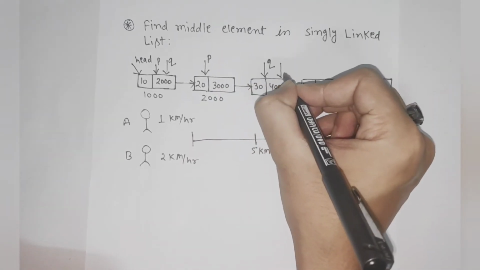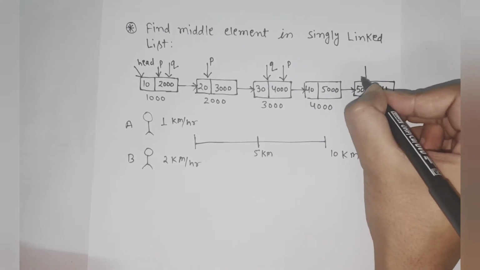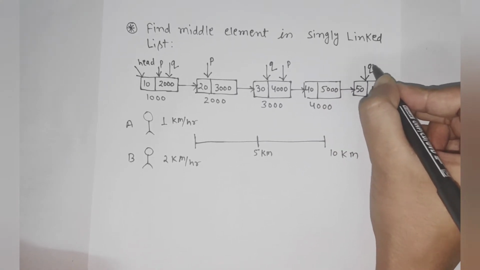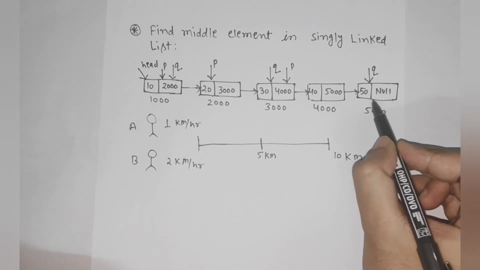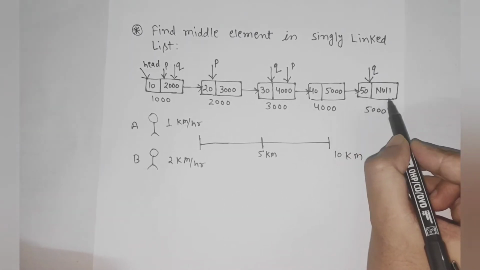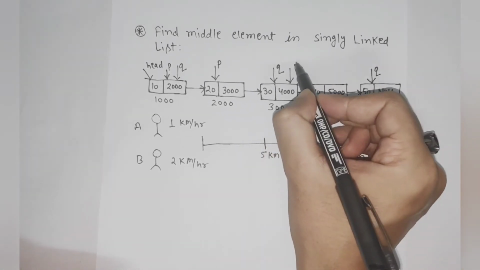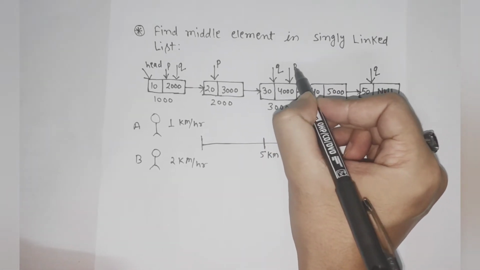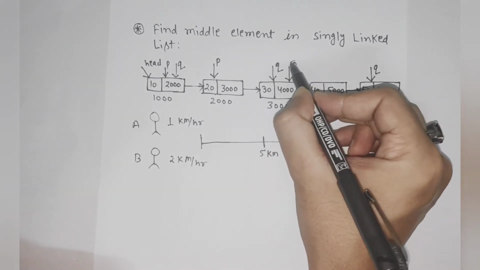So P will be here, and now Q will be here. Now we can check that this is our last node. It means this is our end point. So we will simply return the last P address. So P is exactly on the middle of the linked list.